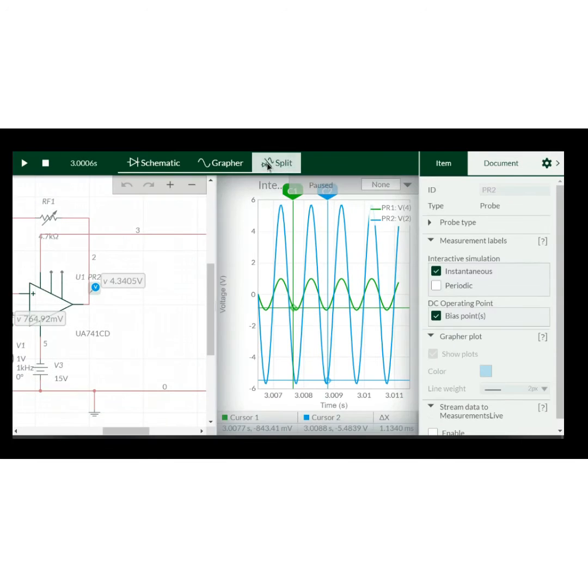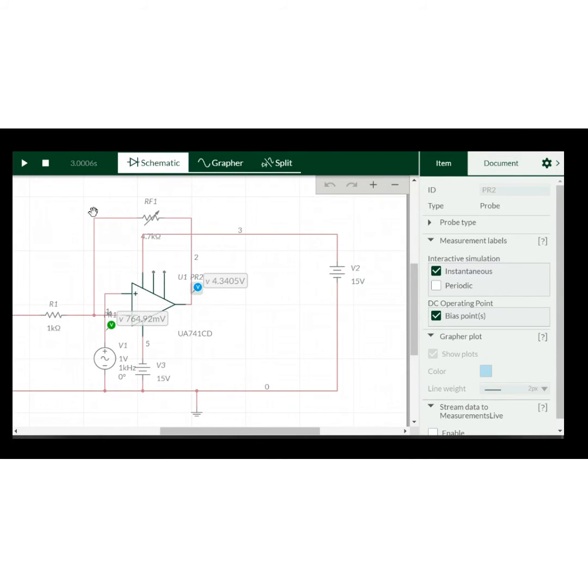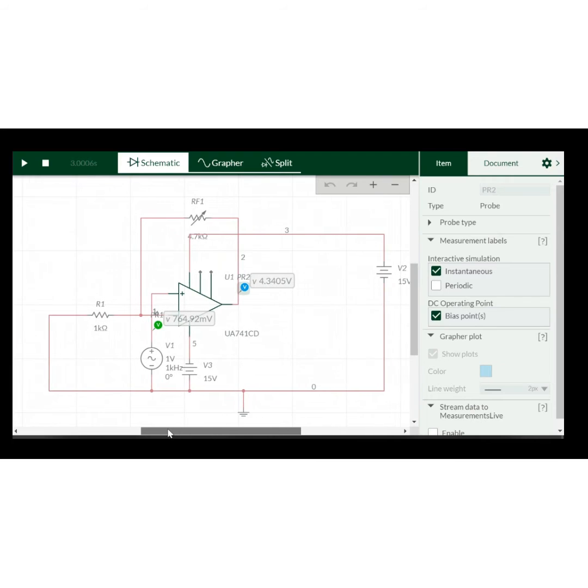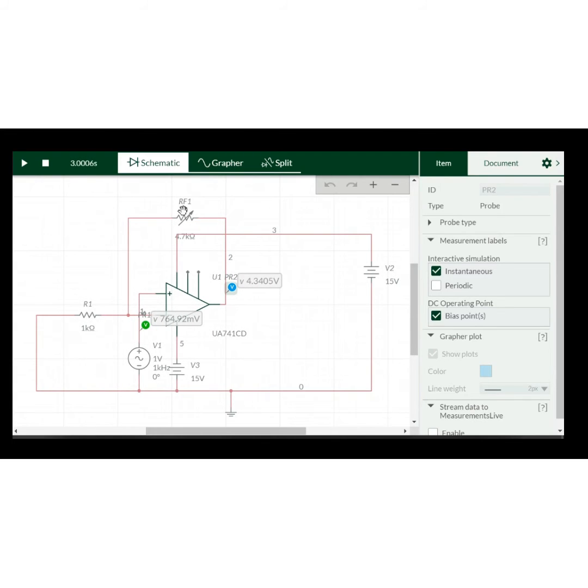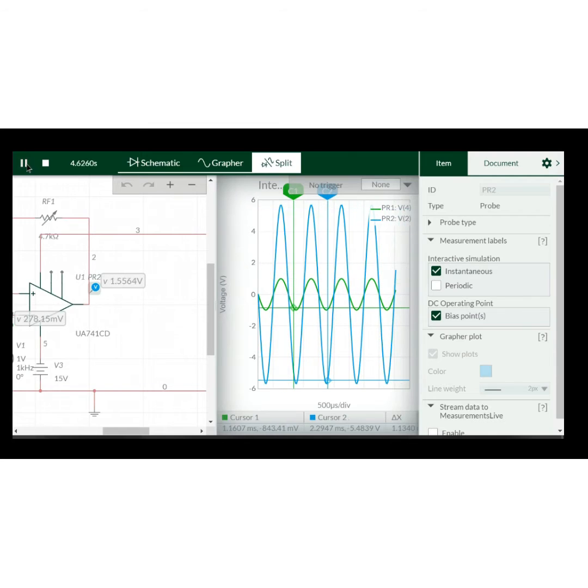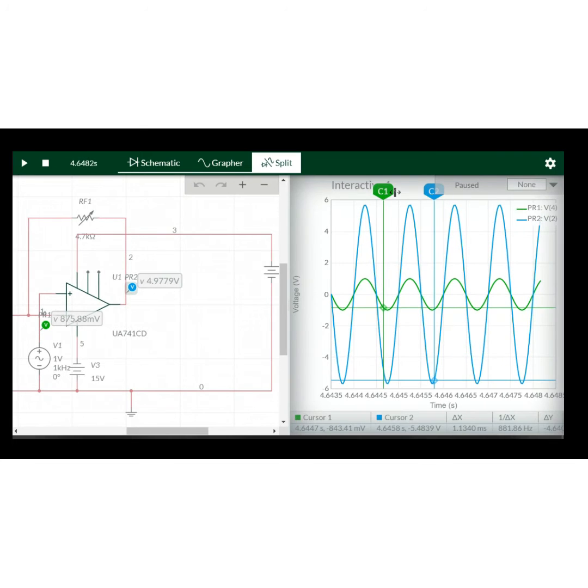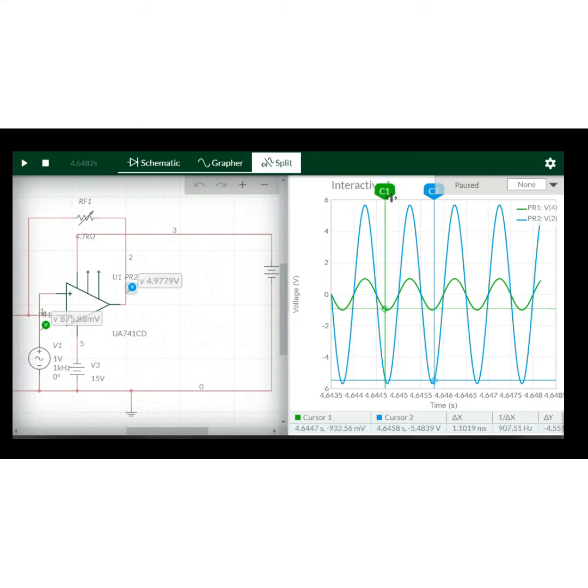Now is the non-inverting amplifier. The same step like the previous video, click run to see the graph and click split, and then pause the schematic diagram and move the cursor to read the perfect value.